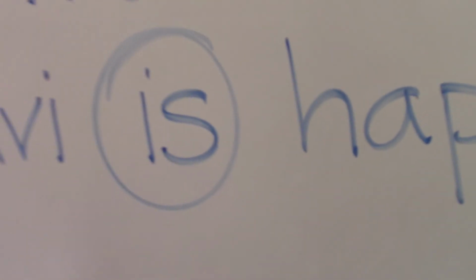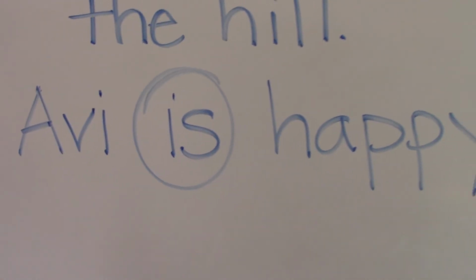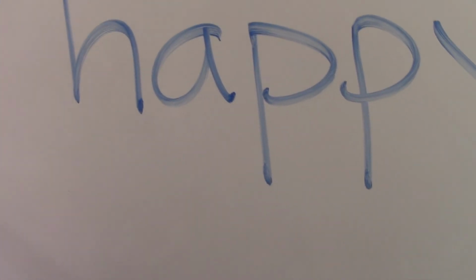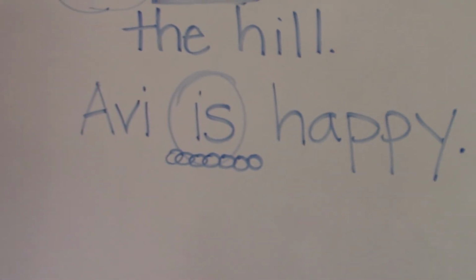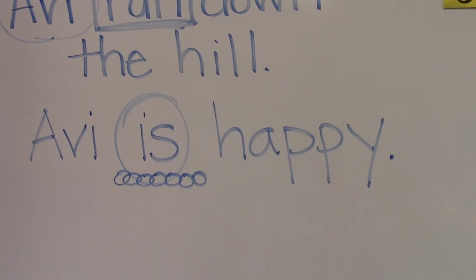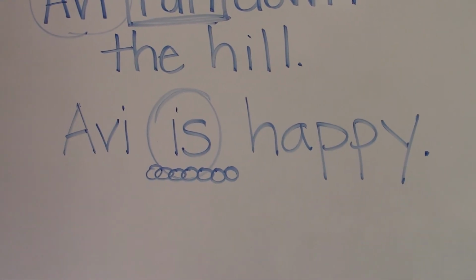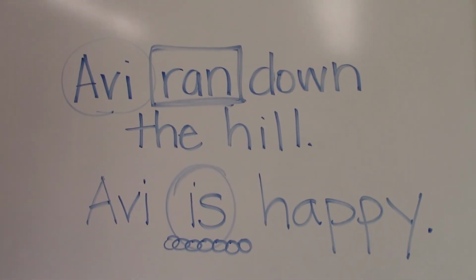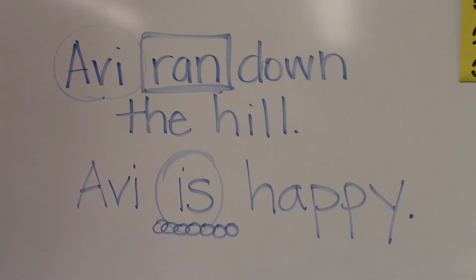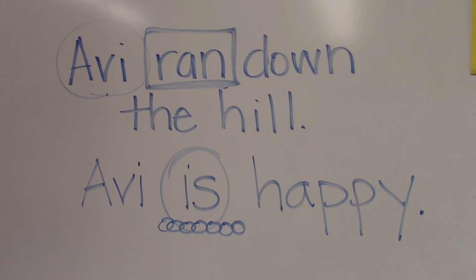All right? In this case, is a linking verb. It's linking the subject to, in this case, the adjective. Happy is an adjective. All right? So there you go. There's a quick review on action verbs and linking verbs.